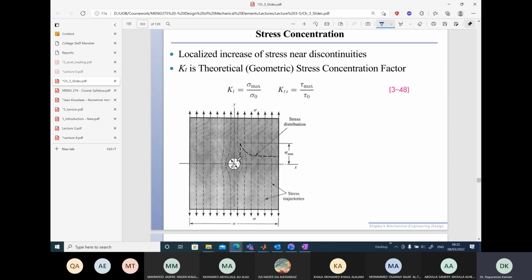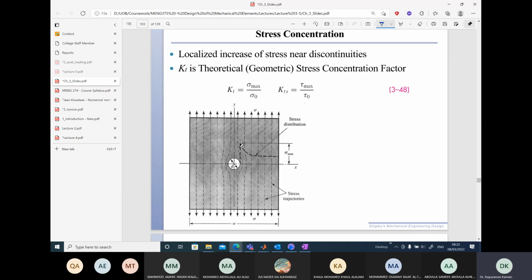When you have a hole in a plate, for example, away from the hole, the stresses are uniform, but when you get near the hole, there is increase in stress, be it normal stress or shear stress, and this is called as stress concentration phenomena. And the way to calculate maximum stress, not analytically, rather by empirical formula, is by using the definition of stress concentration factor.